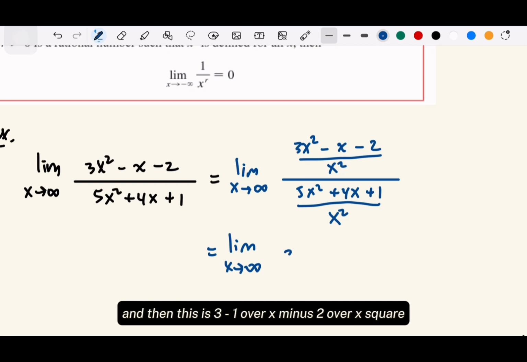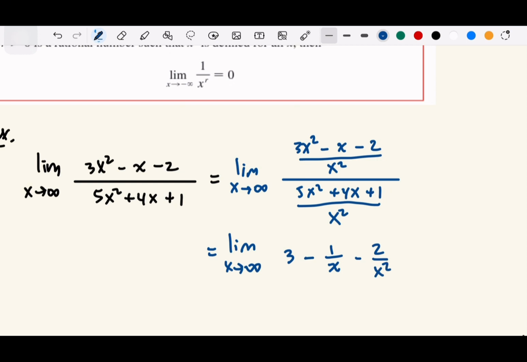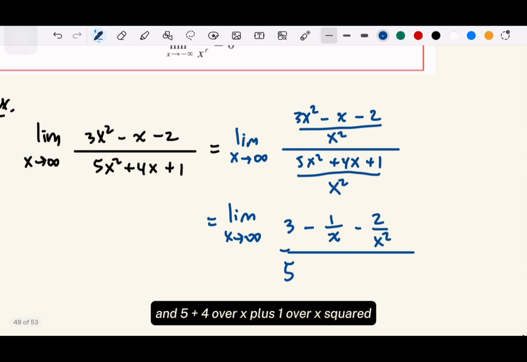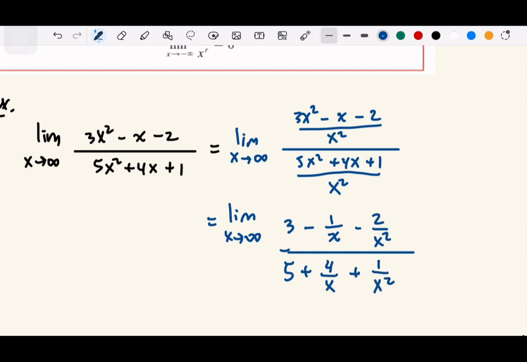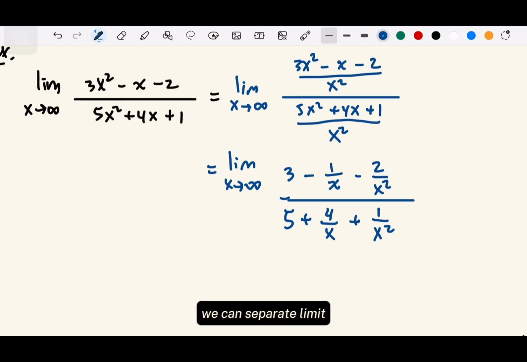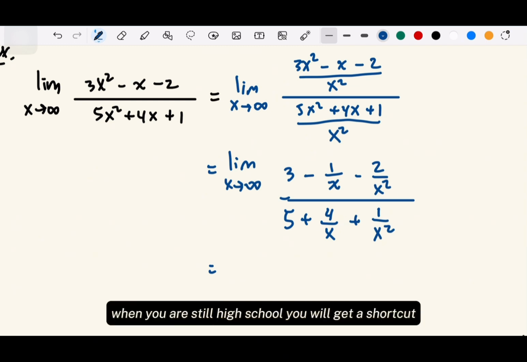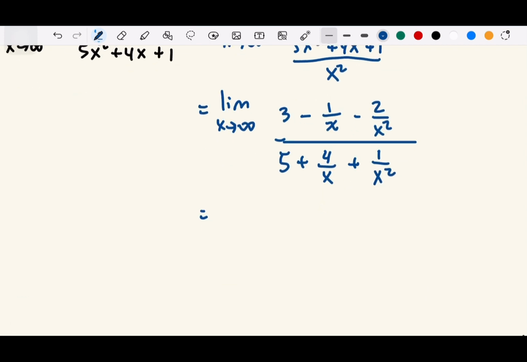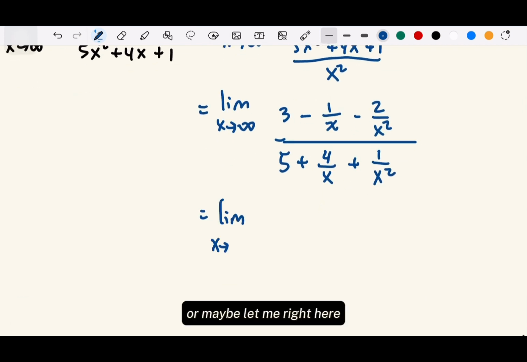And then this is 3 minus 1 over x minus 2 over x squared, and 5 plus 4 over x plus 1 over x squared. And then we can separate the limit, right? We can separate the limit. I think if you are joining some cram school while you're still in high school, you will get a shortcut. Or maybe let me write here.